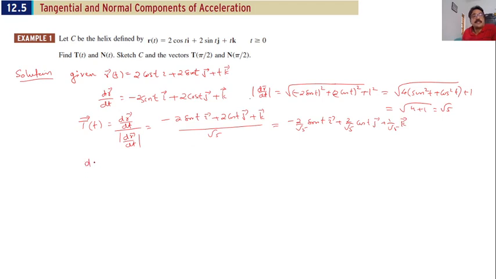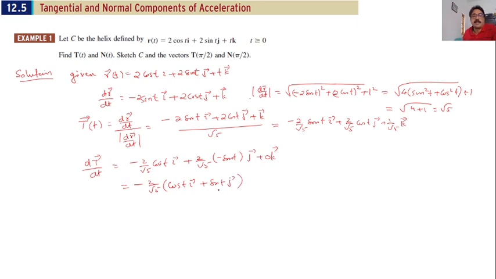Now differentiating this T with respect to t, dT by dt is equal to minus 2 by root 5 times derivative of sin t, cos t, i plus 2 by root 5 times derivative of cos t, which is minus sin t, j plus 0, and that's equal to minus 2 by root 5, you can take outside, (cos t i plus sin t j).